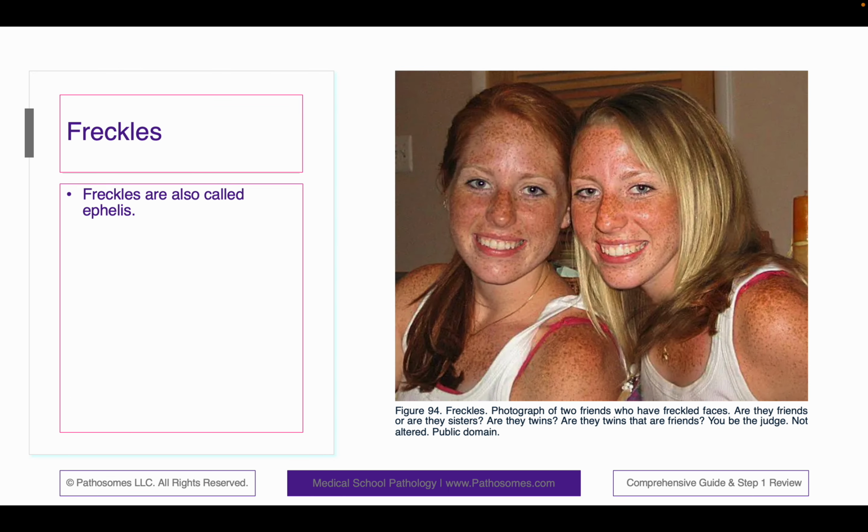Now, freckles. Freckles are also called ephelides by dermatologists. These are two patients or friends or people with innumerable freckles, or maybe technically they're numerable. You can count them.